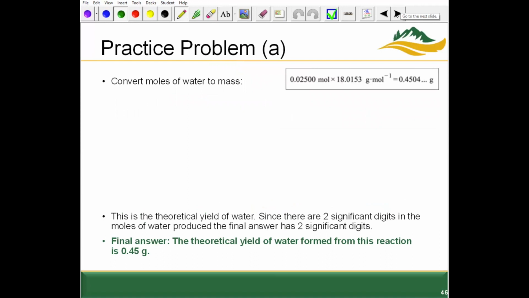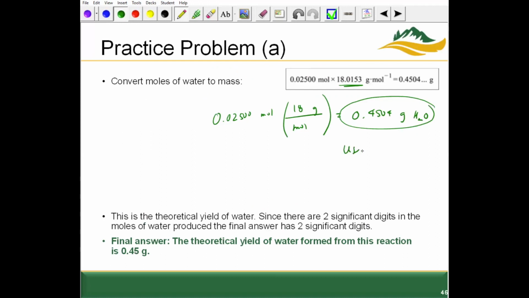We're asked in the problem to report mass of water, not moles of water, so we do need to convert this into mass using the molar mass of water. So about 18 grams per mole. That means we're going to have 0.4504 grams of H2O produced here.